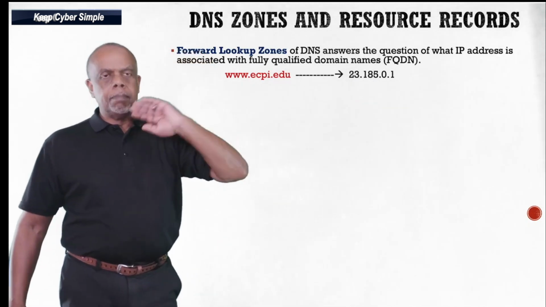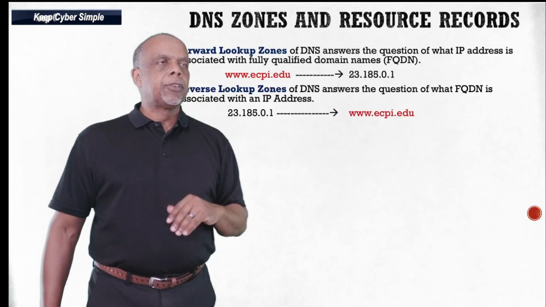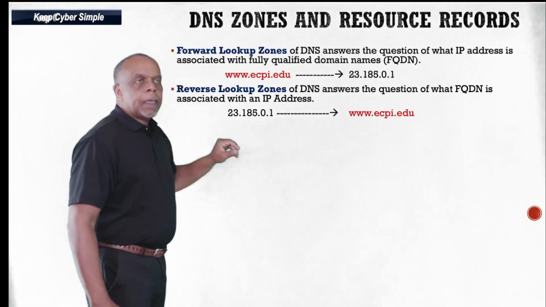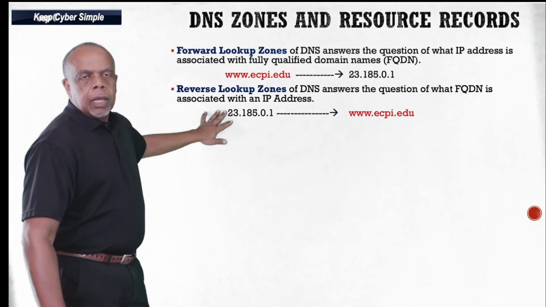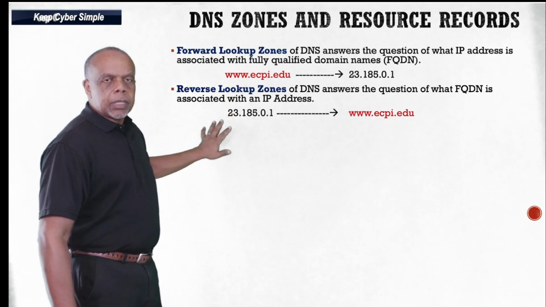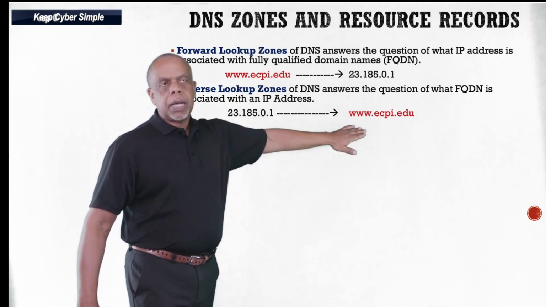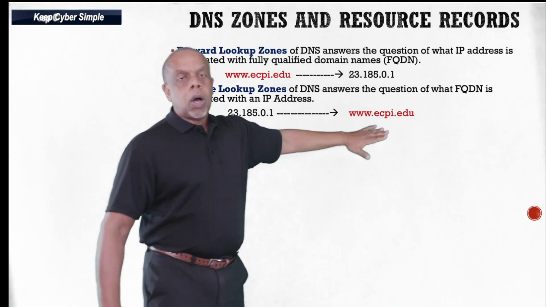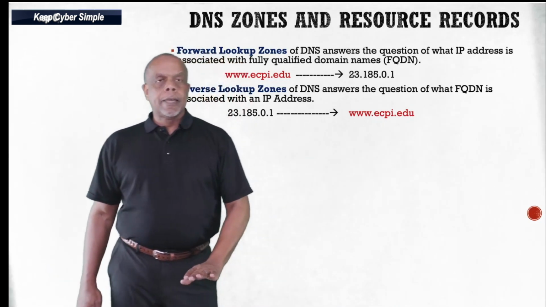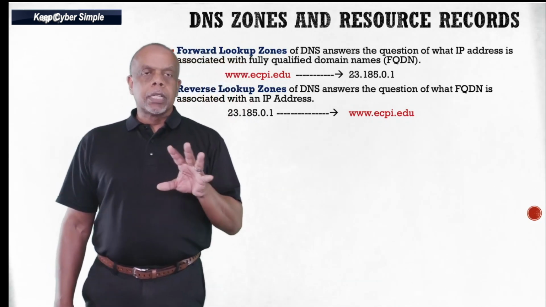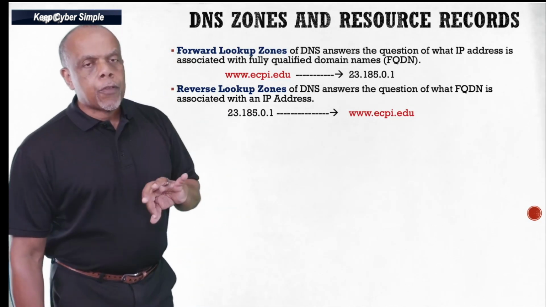That's what's done probably most of the time across the internet. A reverse lookup zone is just the opposite. We're going to resolve an IP address to its corresponding fully qualified domain name. So two types of lookups: a forward lookup and a reverse lookup.